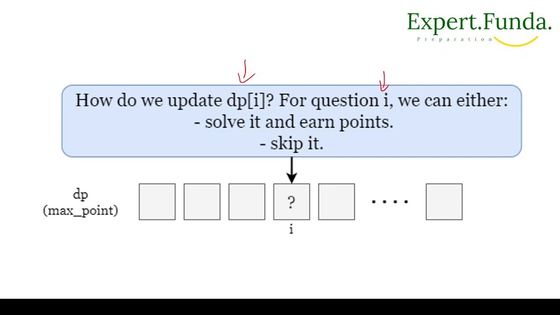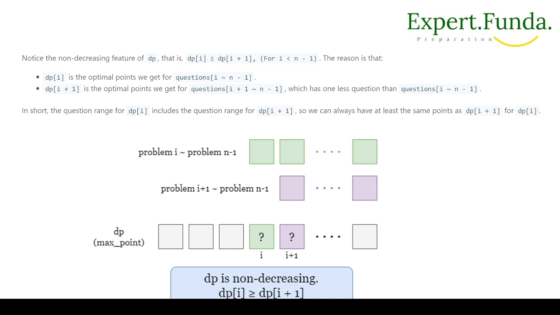So notice the feature of dp: dp of i is greater than or equal to dp of i plus 1. In this case it means i is always less than n minus 1, right? This is the reason that dp at i is the optimal points that we can get from i to n minus 1.